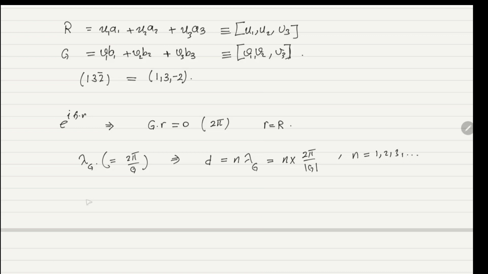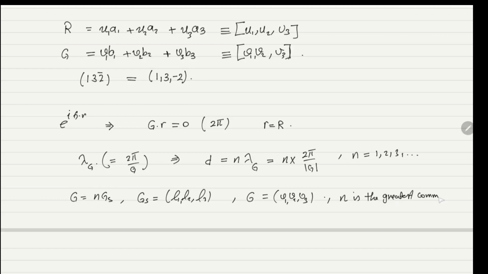Now by writing G as n Gs, in this case, in such a way, Gs equal to L1, L2, L3 is the shortest reciprocal lattice vector in the direction of G, where G equal to V1, V2, V3, and n is the greatest common divisor of v1, v2, v3.